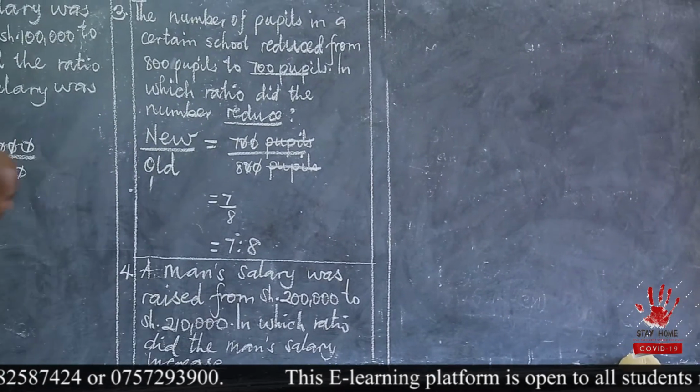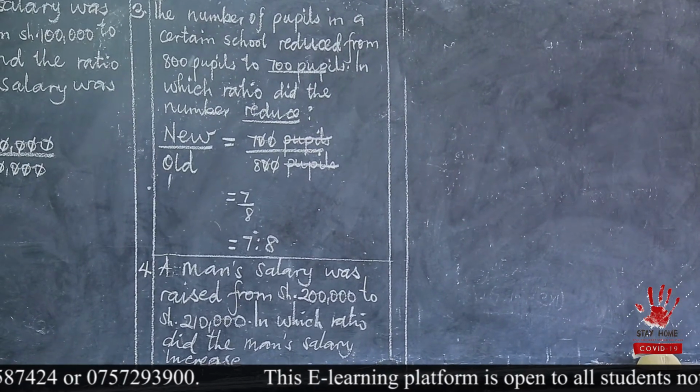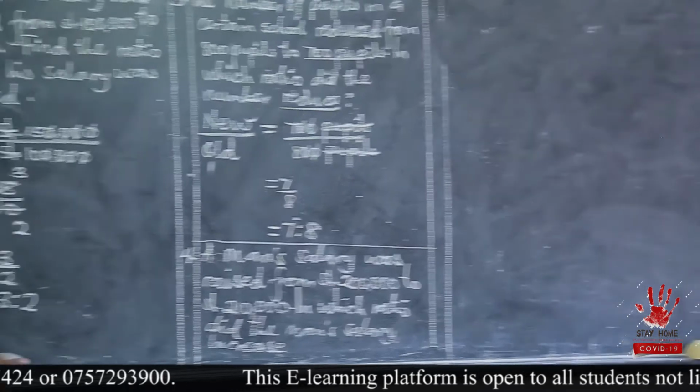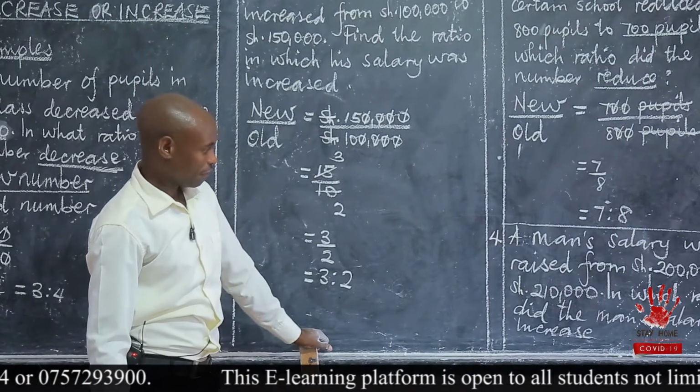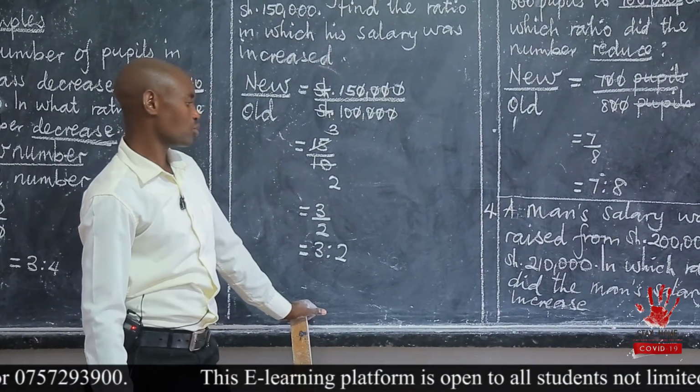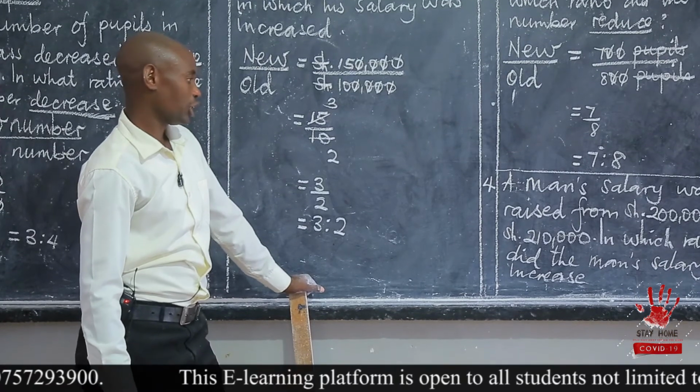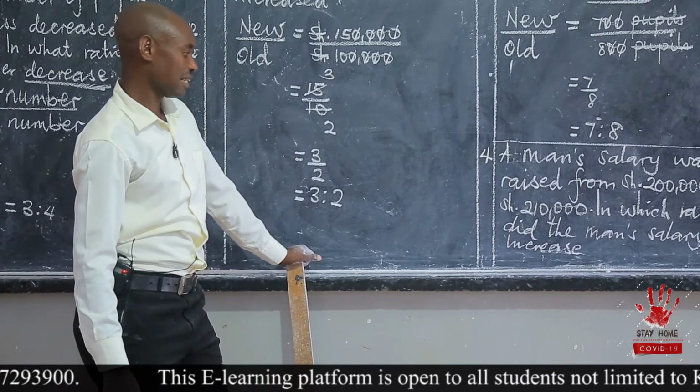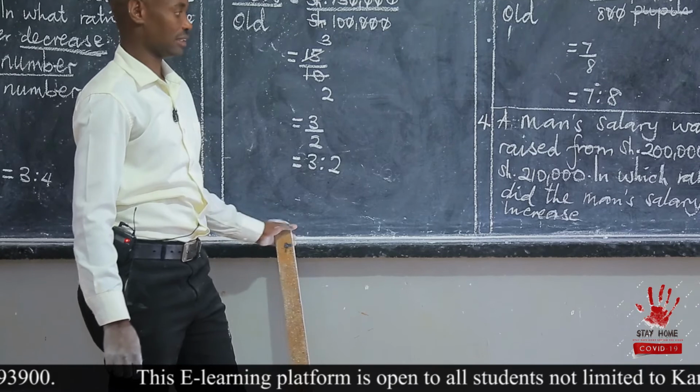So a man's salary was raised. When I say raised, what does it mean? It was increased from 200,000 to 210,000. In which ratio did the man's salary increase?